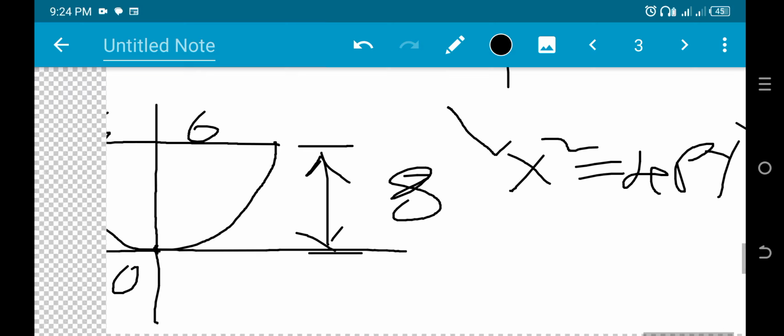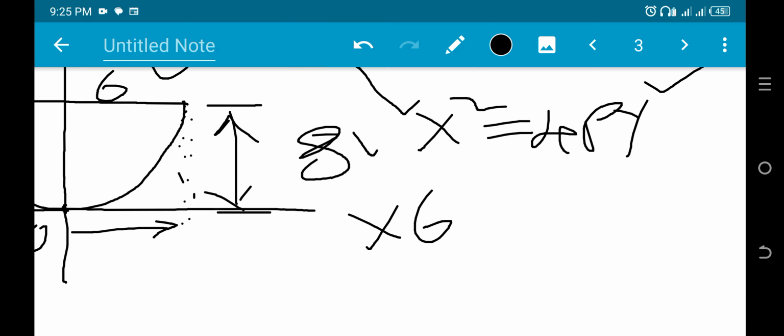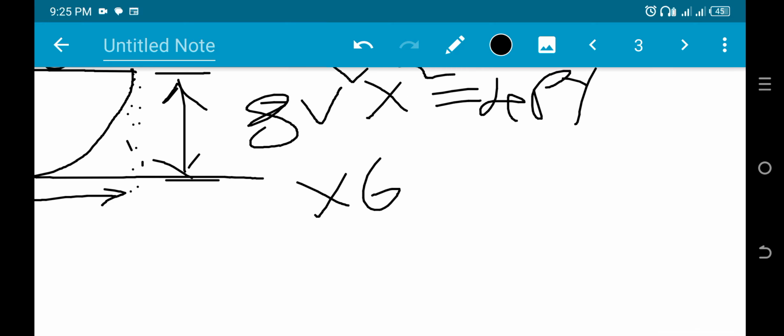Our x is the distance from the vertex to where one side of the dish ends, which is here. The distance from 0 to there is 6, it is given. So x equals 6, and the vertical distance is 8, which is y.